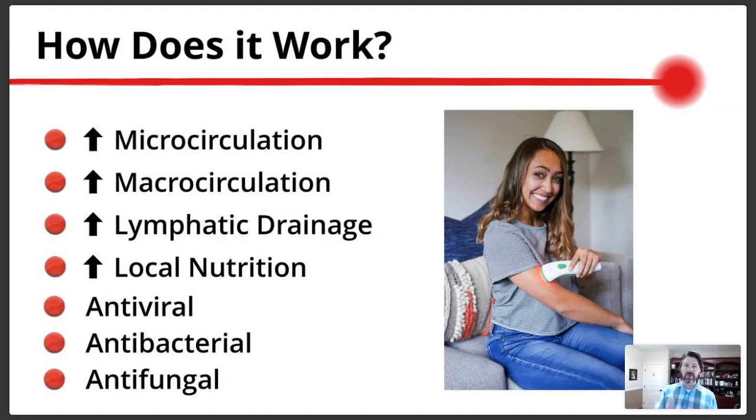Both nutrition going in and waste products coming out of the cell are enhanced when you have plenty of microcirculation, macrocirculation, and lymphatic drainage. And then light has been shown to have antiviral, antibacterial, and antifungal effects, again depending on the wavelength of light that you're using.